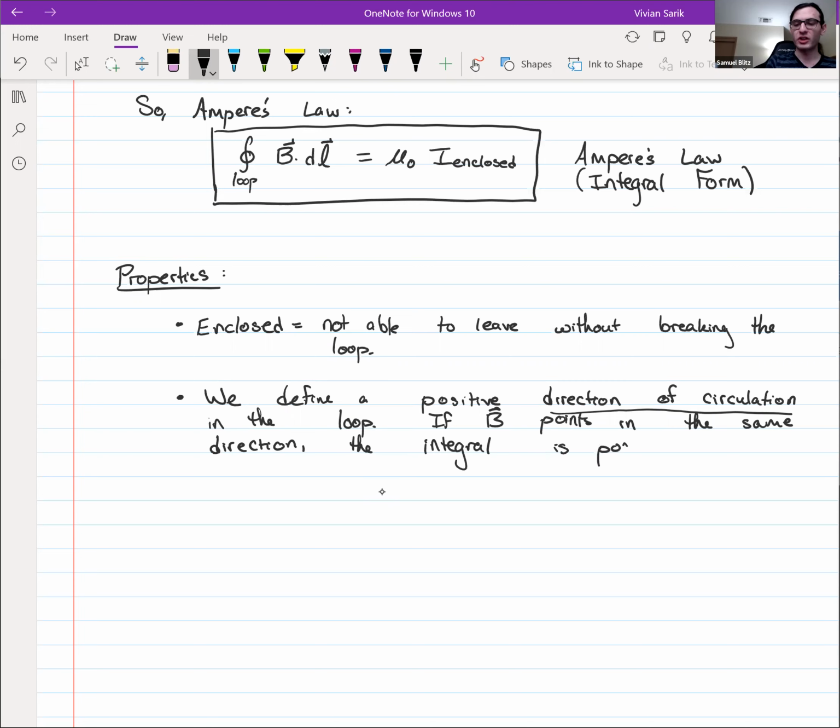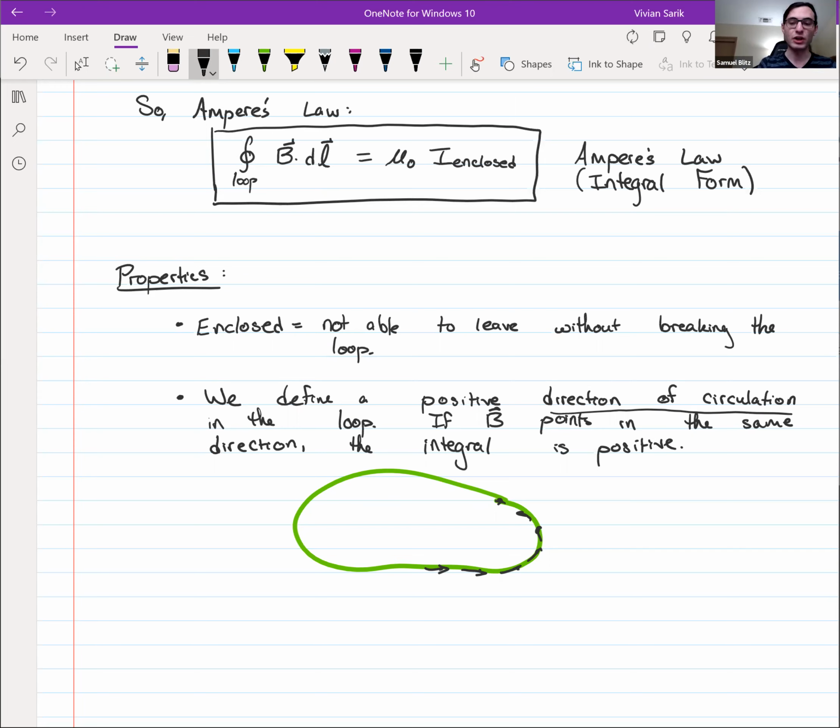So to get down to the nitty-gritty, what this amounts to is if you have some Amperian loop, let me draw it in green again. If you have some Amperian loop like this, you have to choose what direction your vector dl points. And so you might just choose that dl points this way. And so that chooses your positive direction of circulation.